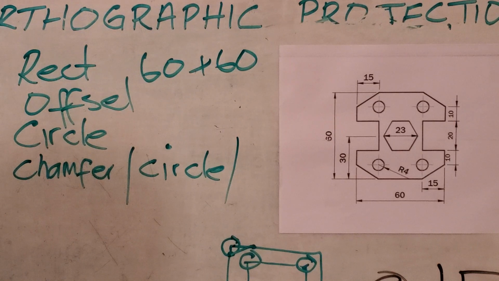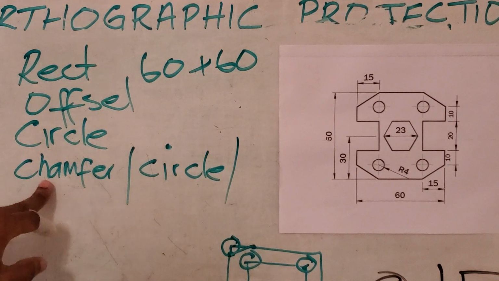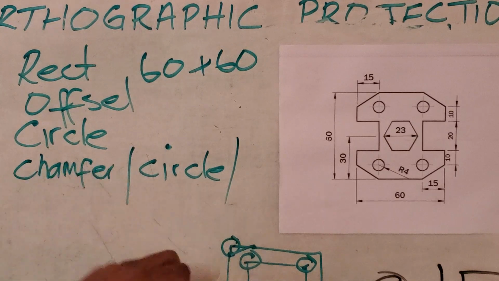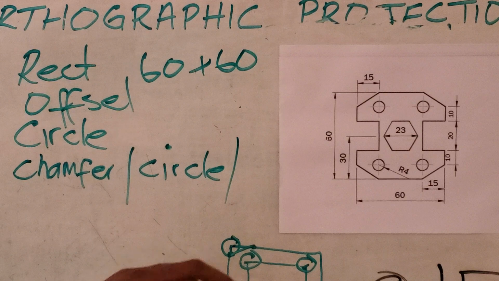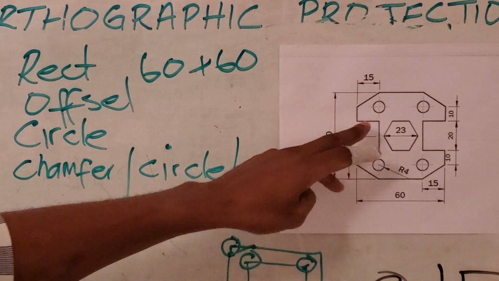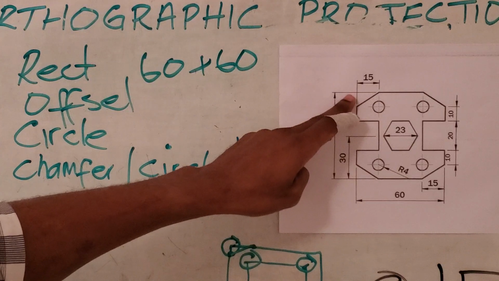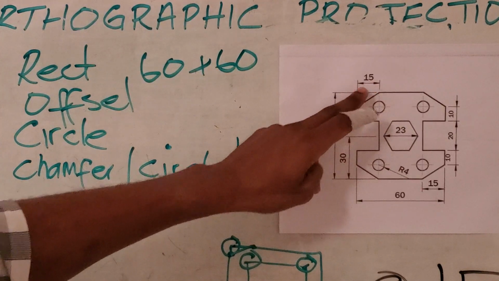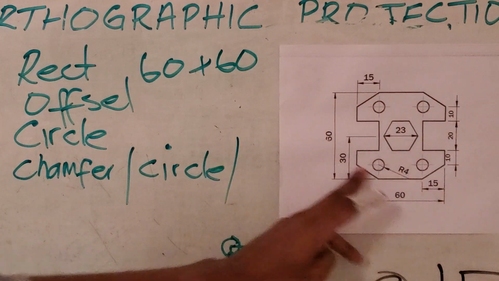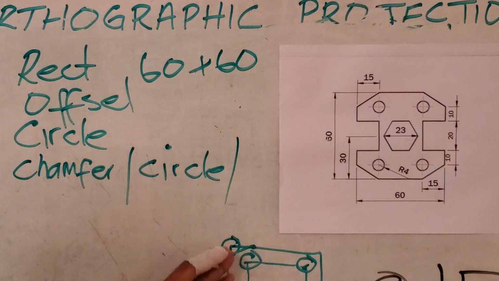Or we could use chamfer for this. With chamfer, you could use chamfer distance 1 as 15 and distance 2 as 10, and then you touch these edges to get those chamfers. Or you could use circle to get those points.